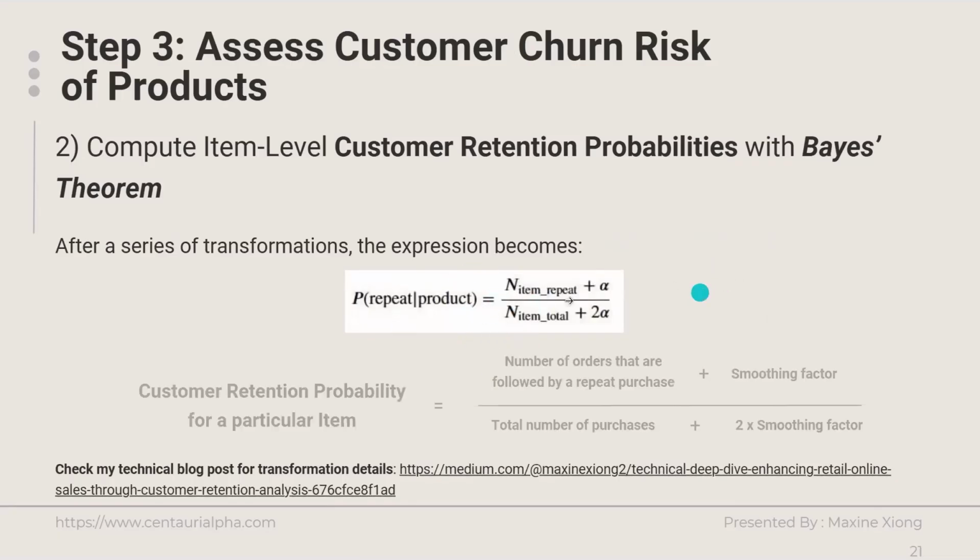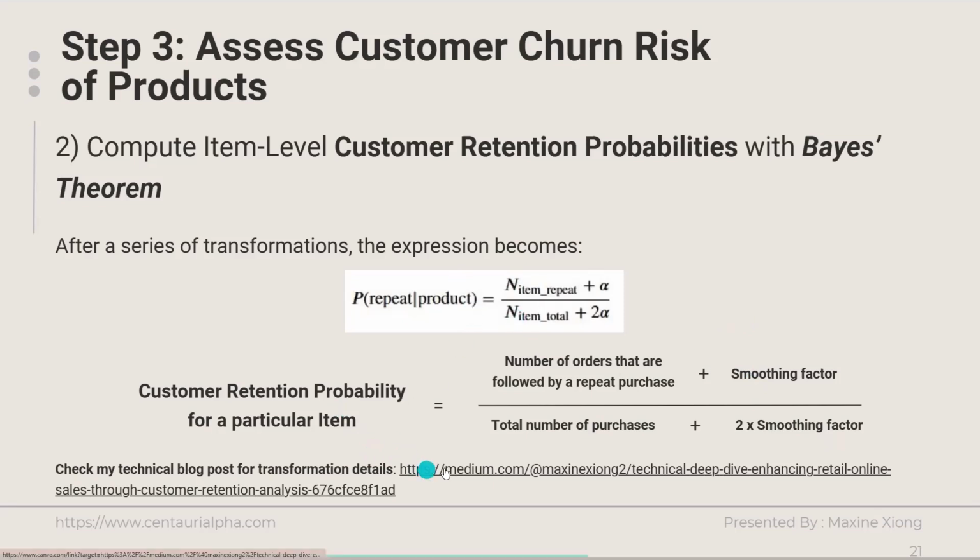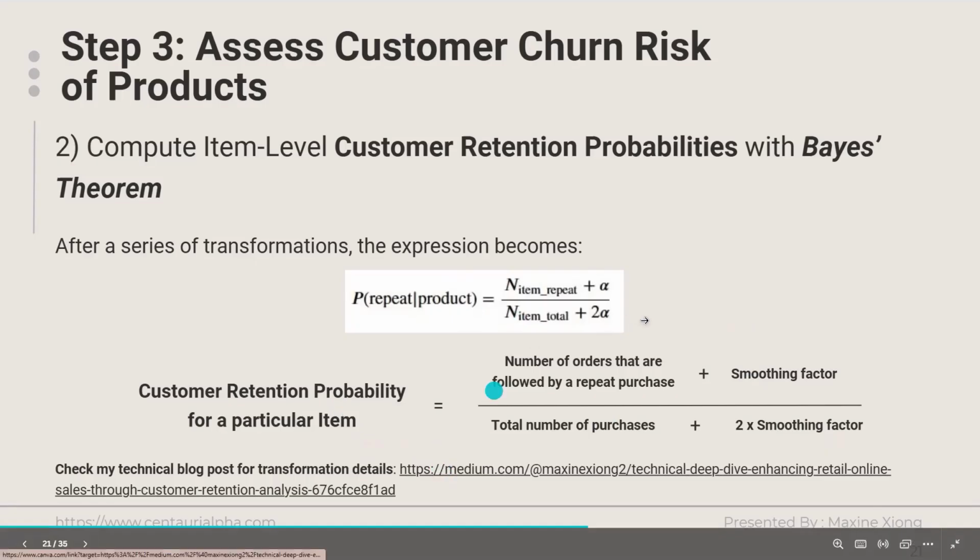In plain language, the customer retention probability for a particular item is the ratio of the number of orders for that item that are followed by a repeat purchase plus a smoothing factor to the total number of purchases of that item plus twice the smoothing factor. If you are curious about how the Bayes' theorem formula is transformed to this expression, feel free to check out my technical blog post that provides detailed steps and explanations.